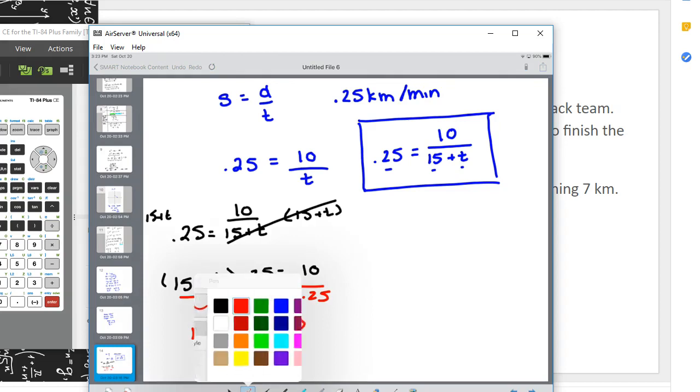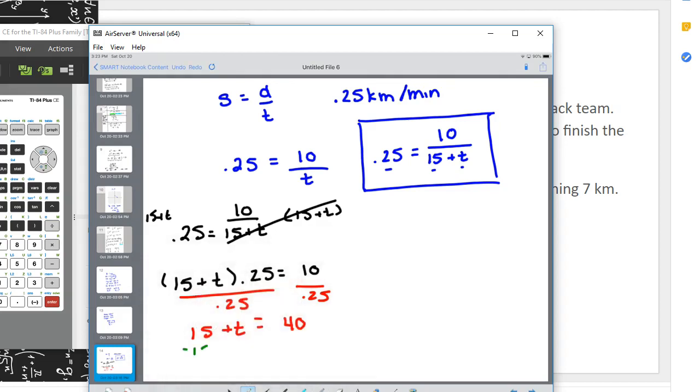And then I want t by itself again, so I'm going to subtract 15 from both sides, meaning that t is equal to 25. So if I finish the last 7 kilometers of the race in 25 minutes, I will have an average speed of 0.25 kilometers per minute.